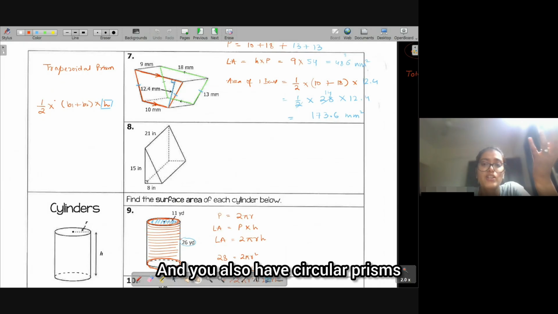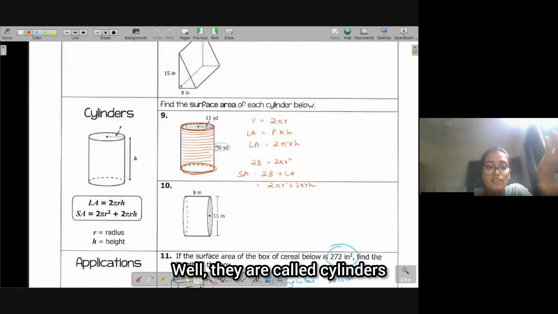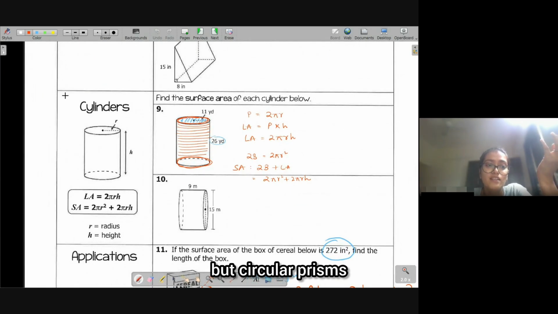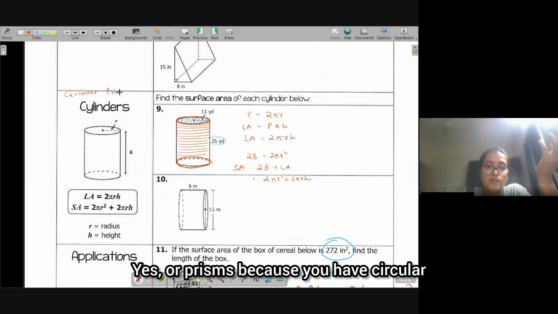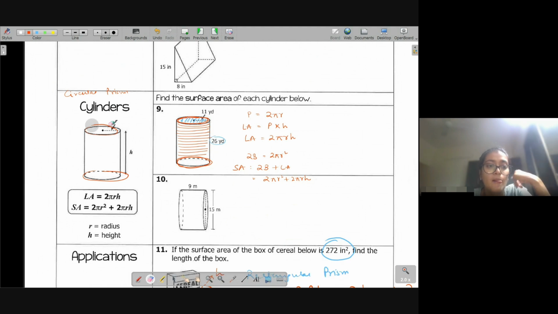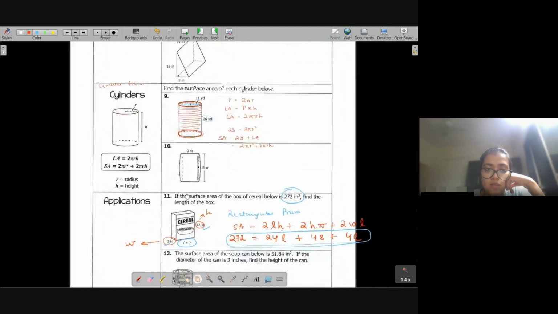And you also have circular prisms. Well, they are called cylinders. Cylinders are nothing but circular prisms, if you think about them, because you have 2 congruent circular bases. Cylinders you can do.